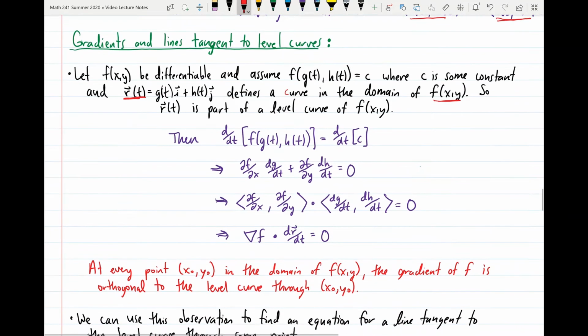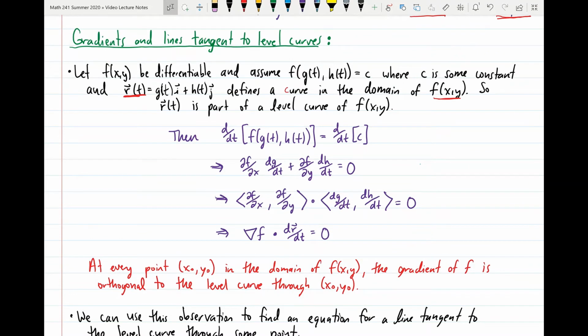So in other words, we have this curve r, which is given by g of t i plus h of t j, and that curve is going to be part of a level curve of f of x, y, because if I take any point on my curve and I plug it into my function, the function is going to give out the same constant c. So r of t is going to be part of the level curve corresponding to the constant c.